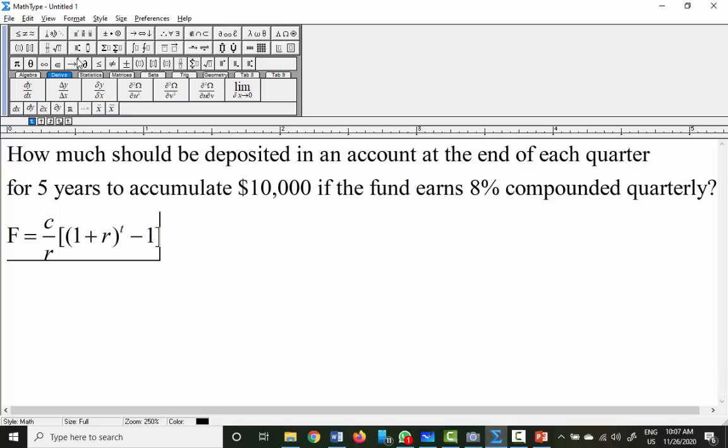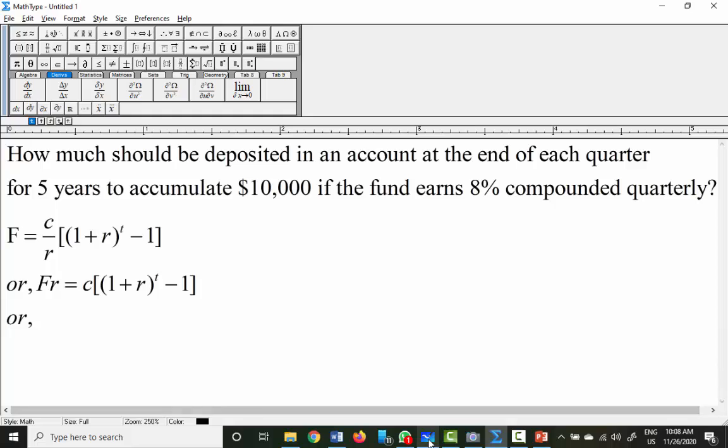The future value of annuity is given, and we need to find the value of C. If you do cross multiplication, we will have F into R, that means this F will be multiplied by this R, and then in the right hand side we will be left with this one.